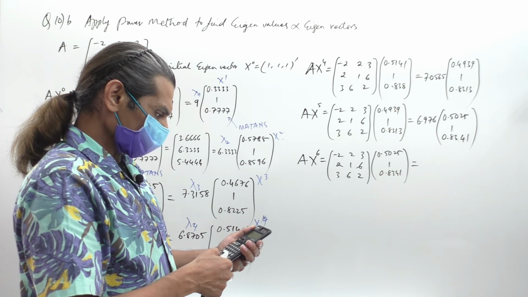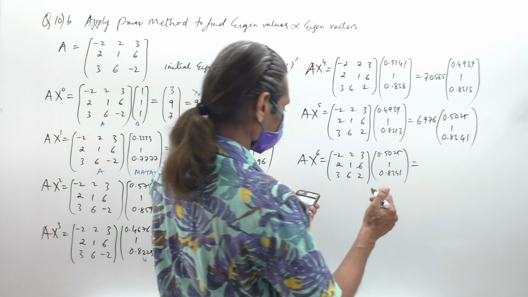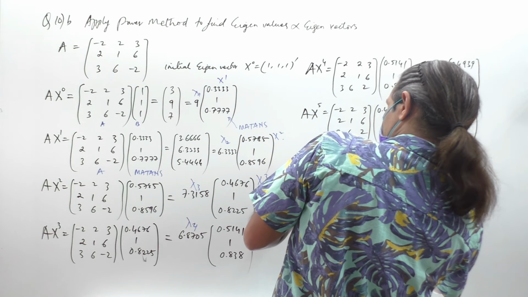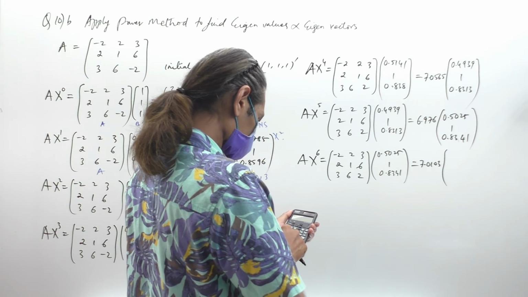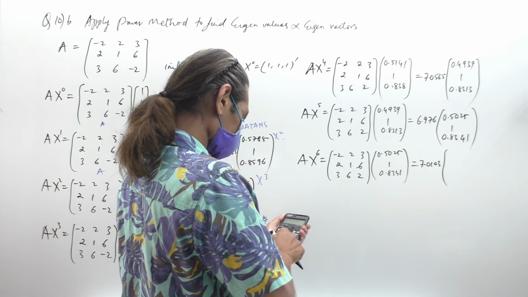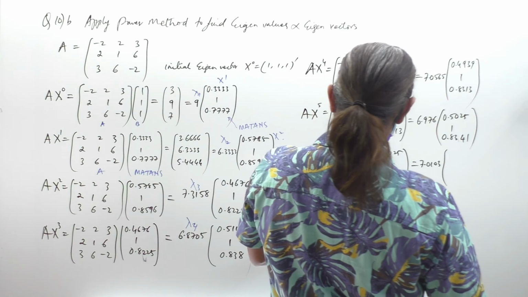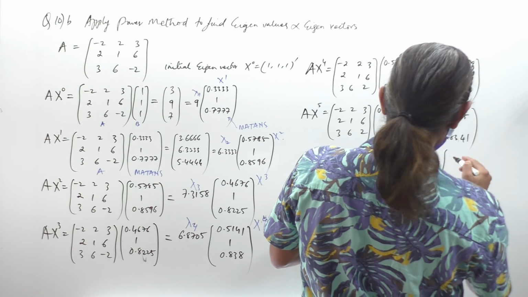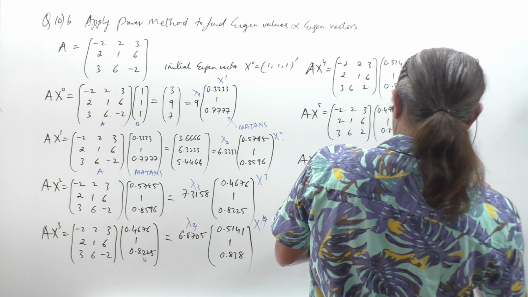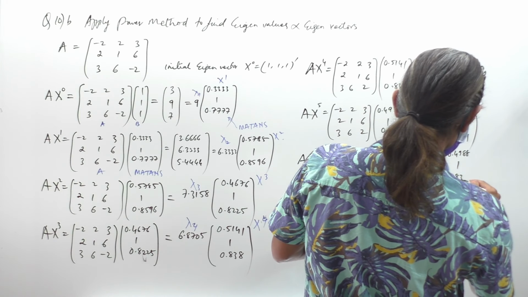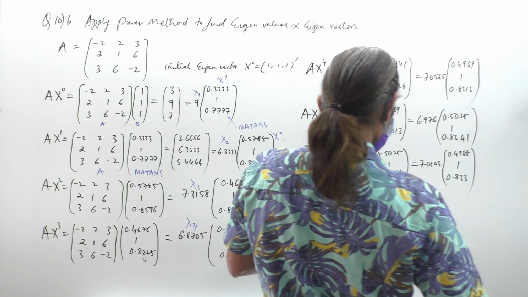Okay, execute. So we are getting 7.0103. Okay, it's nearing. So 7.0103 divided by 7.0103 is equal to 0.4988, 1, 0.833. That's what I'm getting.